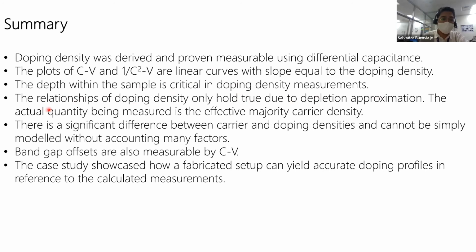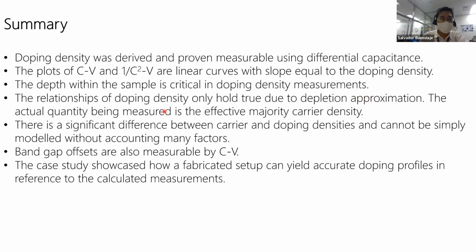After the derivation of doping density, we found that all those measurements are only true due to the depletion approximation. But in actuality, this assumption is very idealistic, and this does not happen.